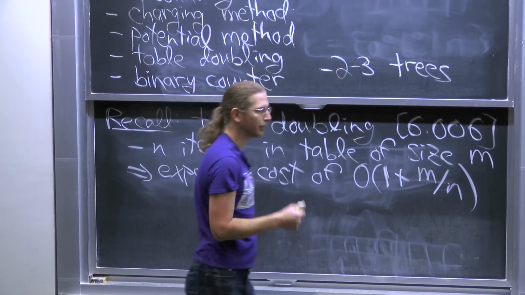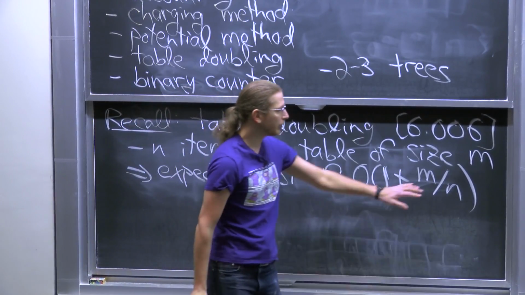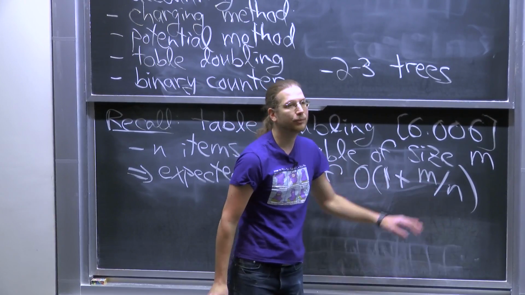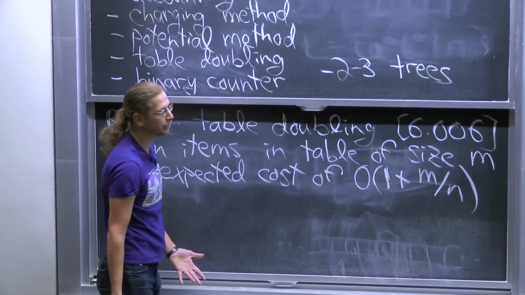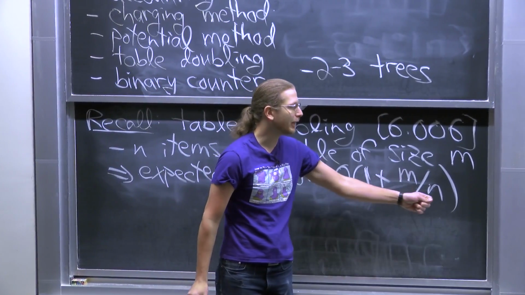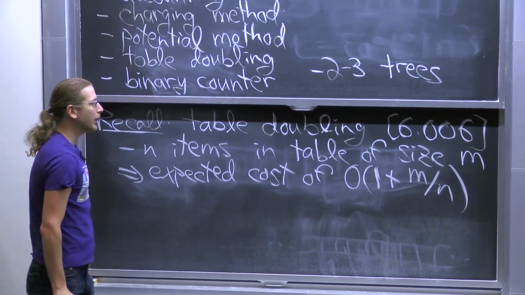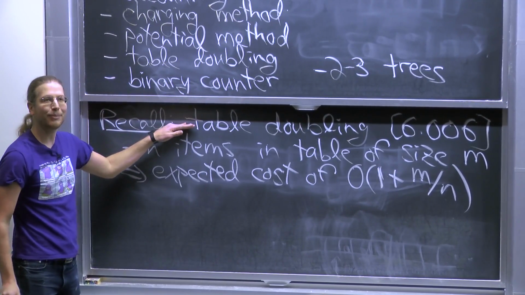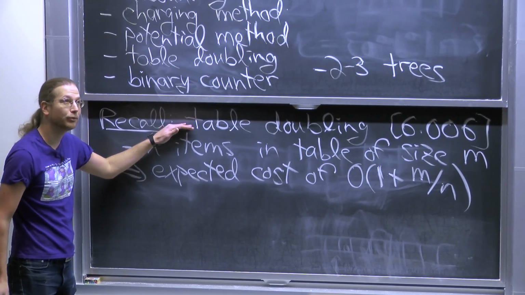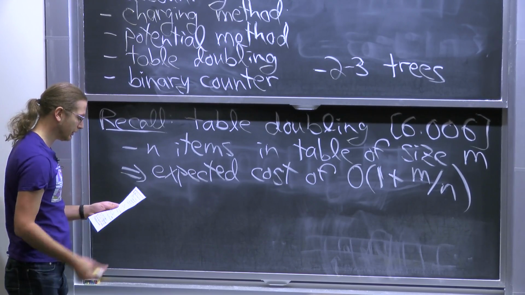So we wanted to get constant expected, and so we wanted this to always be at most a constant. I guess we could handle a larger table size, although then we are unhappy about our space. But we definitely want m to be at least around n so that this works out to order 1. And the solution for doing that was table doubling. Whenever the table is too small, when you have too many items, double the size of the table.